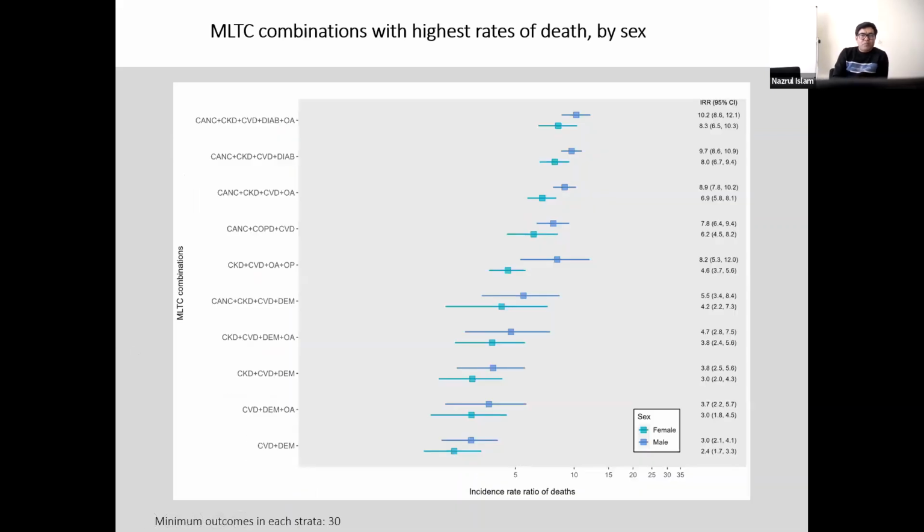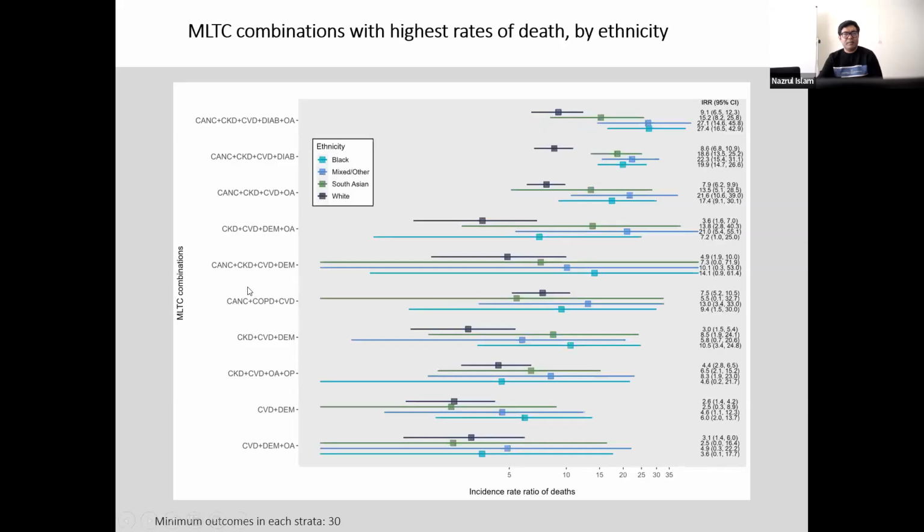As expected, and similar to hospitalization, the incidence rate ratio for mortality was higher for male than female, but this was not consistent. Sometimes the confidence intervals and the point estimates were overlapping between male and female. A similar pattern is seen here as well.